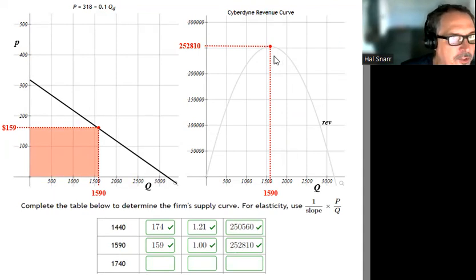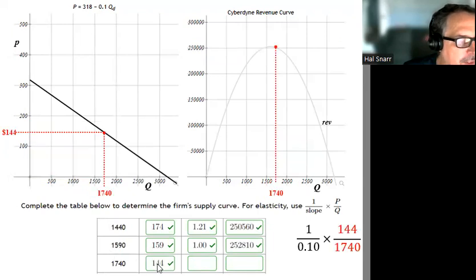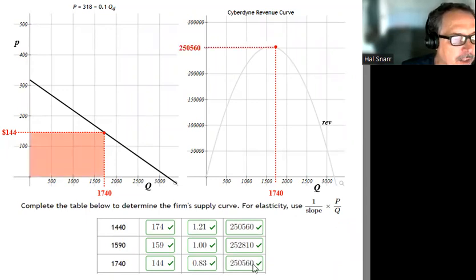But then notice we're at the peak of revenue. If we lower the price anymore to say $144 per download, the company does sell more units because the price is lower. The elasticity falls below 1 to 0.83. The revenue declines to 250,560. So the revenue rises and then falls.